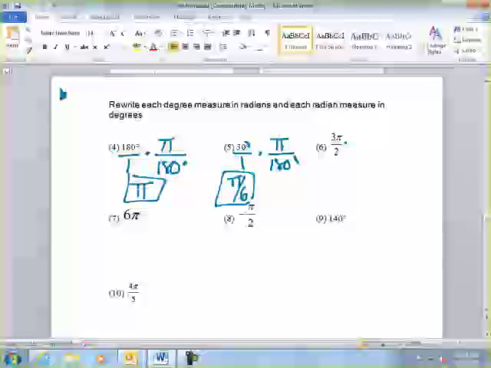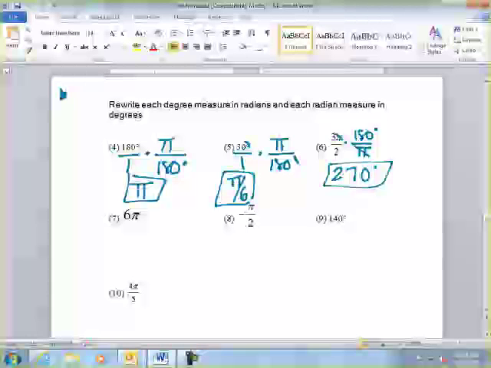3 pi over 2. I'm going to put pi on bottom so it will cancel, which puts 180 on top. Now we have a little bit of arithmetic to do here. 2 divides into 180 to give 90 times 3 gives 270. This is actually a special angle for us as well.